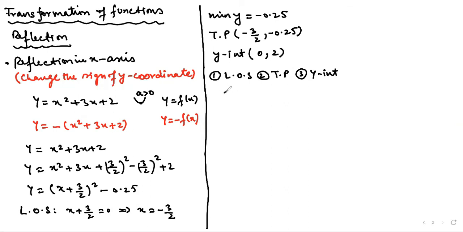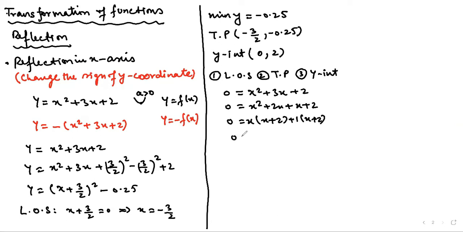To find them, we will factorize this equation. There are two x-intercepts, x equal to -1 and -2.